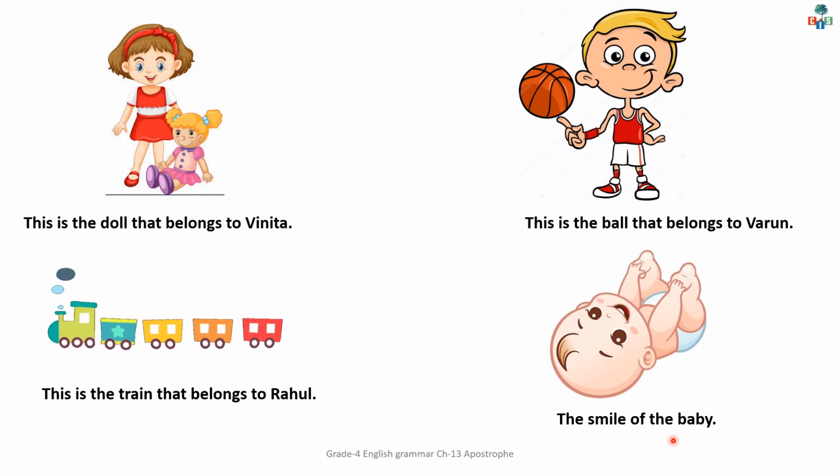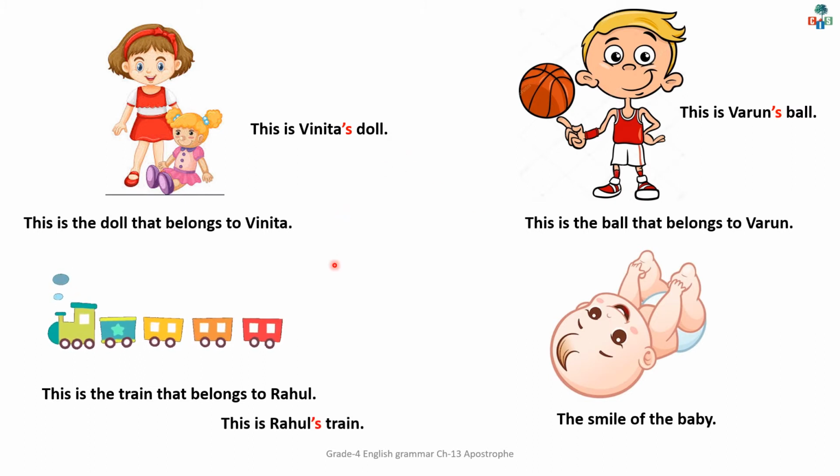So how can we shorten these sentences? Yes, we can say like this. This is Vinita's doll. This is Varun's ball. This is Rahul's train. The baby's smile.